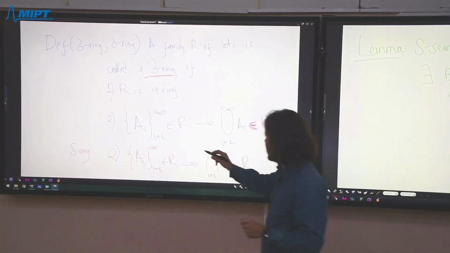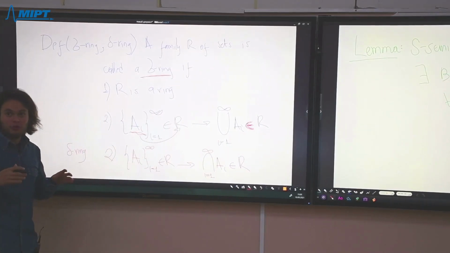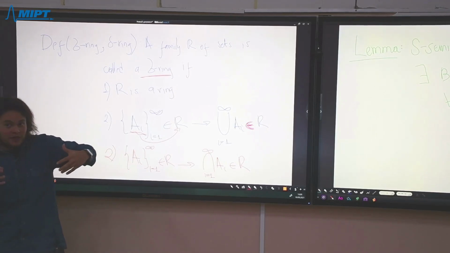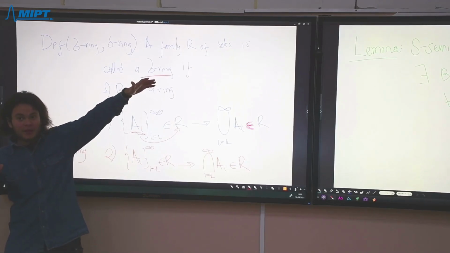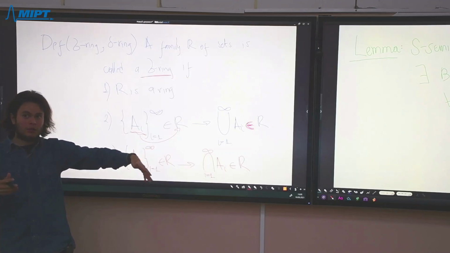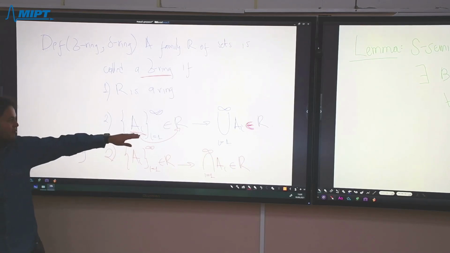Look, each of these elements, A_i, is an element of R, first of all. So they should be an element of R. And the union of this infinite number of elements is also going to be an element of R. Okay? No, they should be an element of R. That's written here.